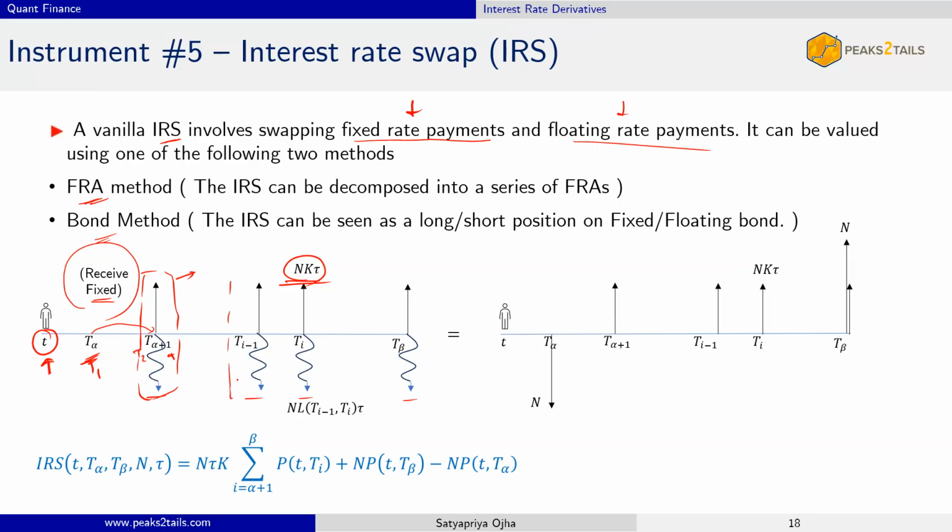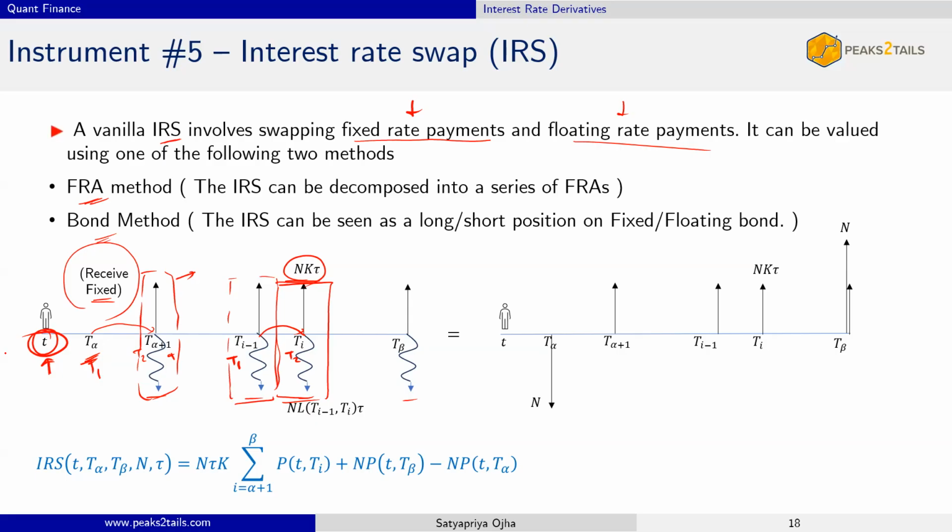Next, look at the next one. So this is another FRA. The rate applies between, or let me focus on this one, then this one. So the rate is between Ti minus 1 to Ti. So now this is T1, this is T2, and valuation date is here. So you just need the corresponding zero coupon bond values, discounting factors, and then put it in the equation.